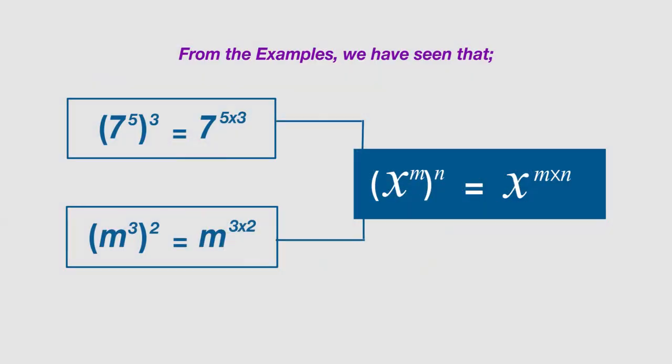Now, from the examples we have looked at, we can conclude that if you have x raised to the power m, all raised to the power n, this will be equal to x raised to the power m times n, or x raised to the power mn. This is also one of the laws of indices, and we say this is the power of power law.